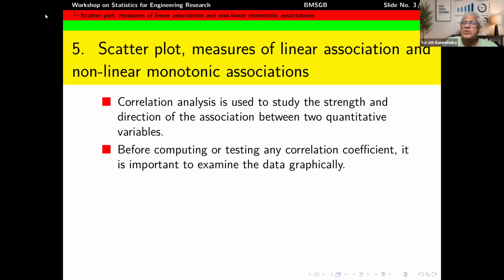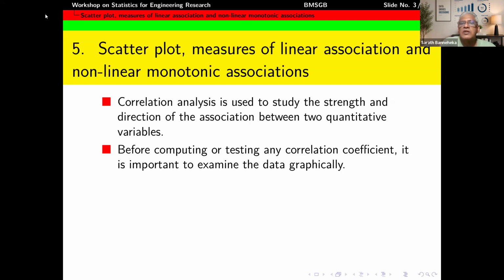Right? So I have seen that in many research papers, people directly calculate something called the Pearson's correlation coefficient. And when we calculate the Pearson correlation coefficient using a computer package, usually it gives you the correlation coefficient as well as some output related to a test of hypothesis.